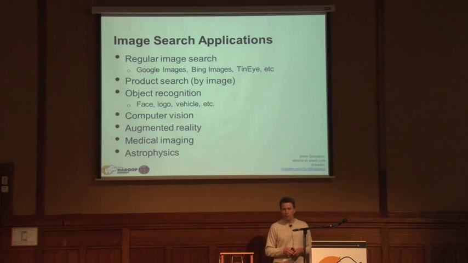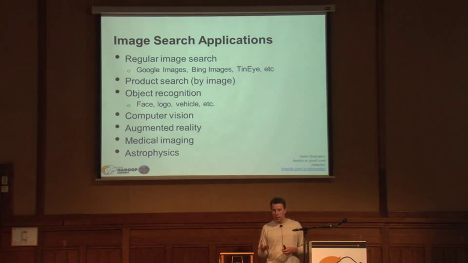Right? What kind of applications may you think of for image search? Of course, there are so-called regular image search services such as Google Images, Bing Images. There are other online services such as TinEye, etc. Then there is a kind of new paradigm shift: so far we've been searching by text, but for certain search tasks, it's a good idea to search by images, right?